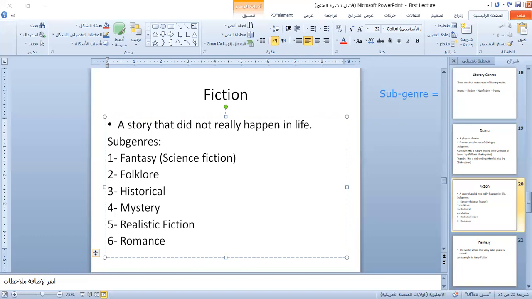Now, regarding romance, I want you to pay attention to this because we want to make a distinction between romance or romantic literature and romantic eras or romantic authors. Like I said, we need to make a distinction between romance as part of fiction and what we'll be talking about later on, inshallah, regarding romantic poets or writers in general, or the Romantic Age.